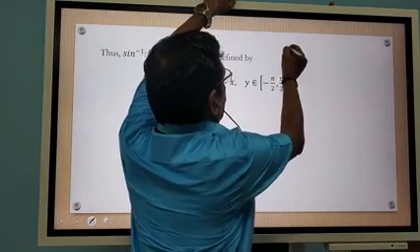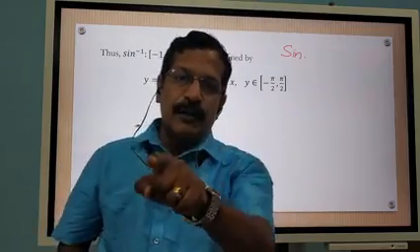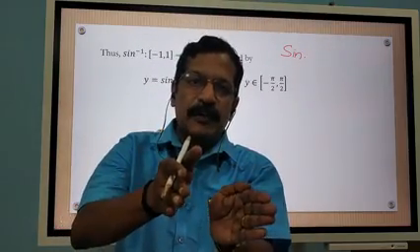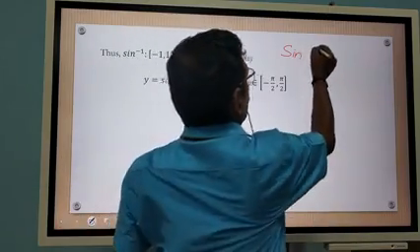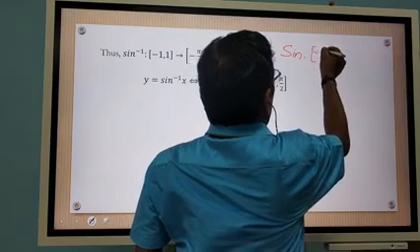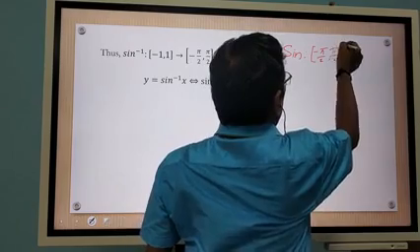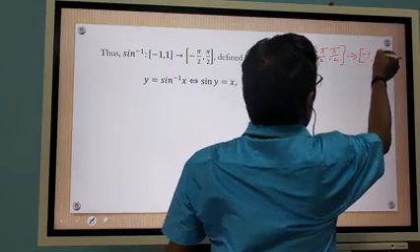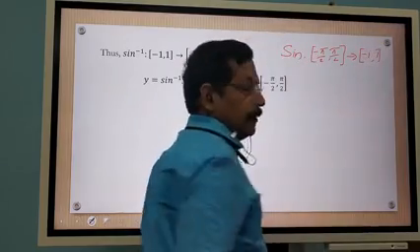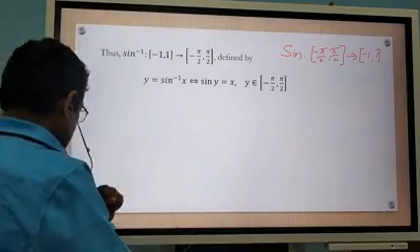Now, what about the sine function? The sine function is actually from R to R. Now we have restricted the domain to minus pi by 2 to plus pi by 2, so it is from minus pi by 2 to plus pi by 2 to the closed interval minus 1 to 1. Let us connect this with the function.